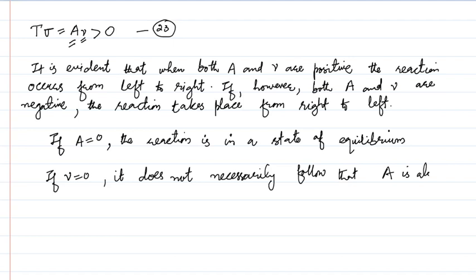You have to remember this, that if ν is 0, it simply does not mean A is also 0. If now we take a condition ν is equal to 0 and this affinity is not equal to 0, this is basically a simple case of false equilibrium.